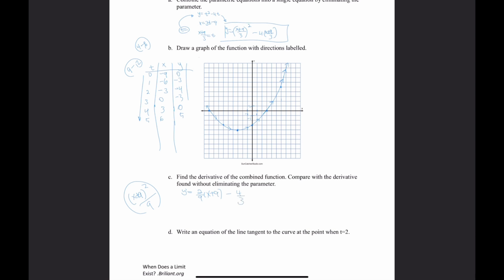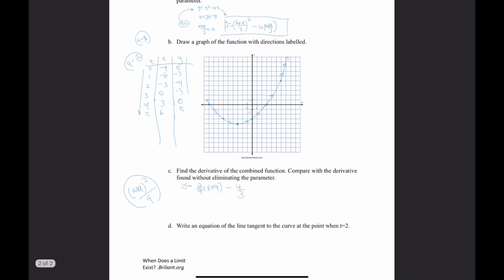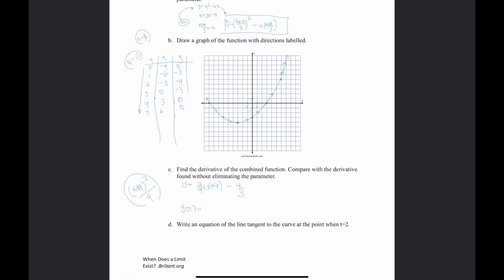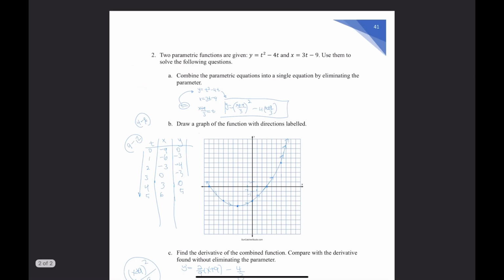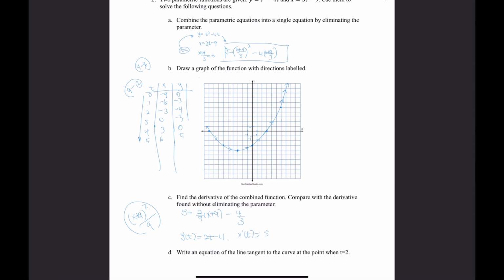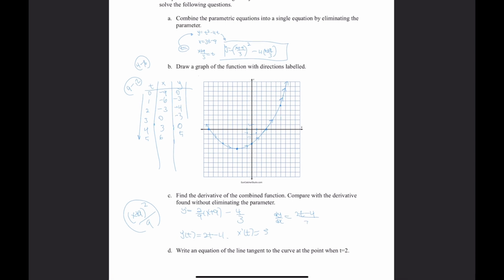So this is what we have. And then for y prime of t, we're going to have 2t minus 4. For x prime of t, we're going to have 3. Okay, and then dy over dx is going to be (2t minus 4) all over 3.